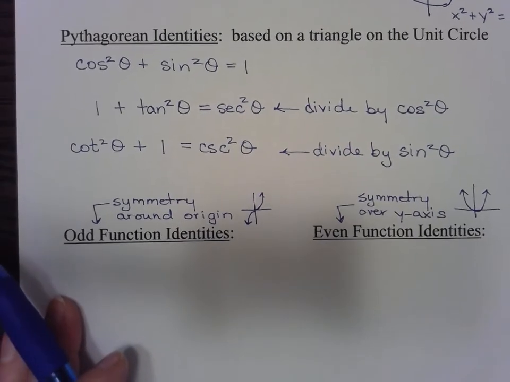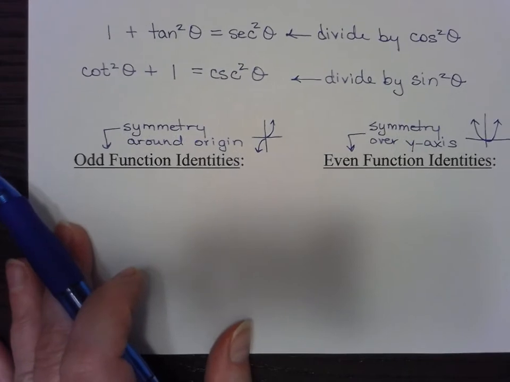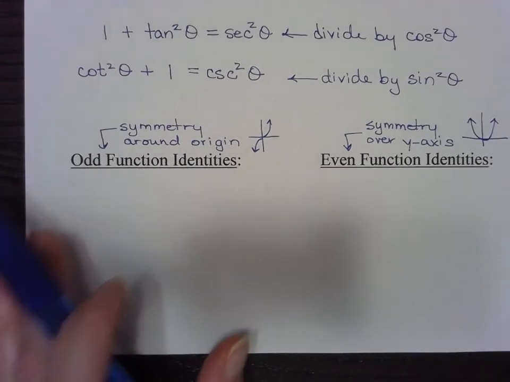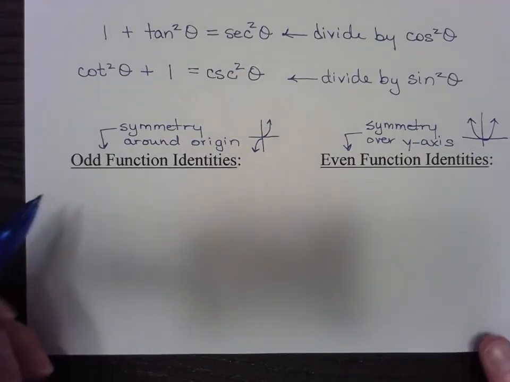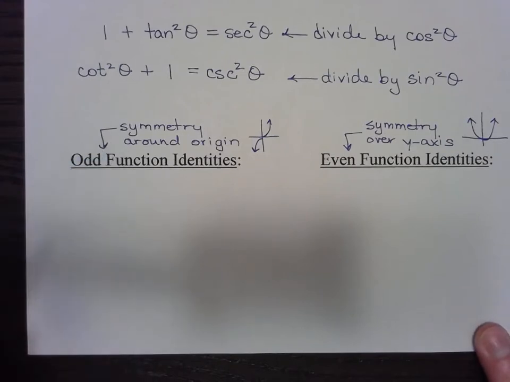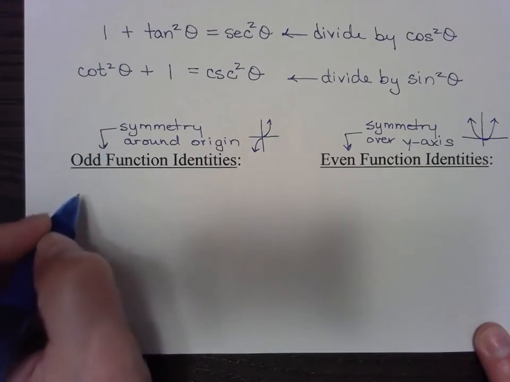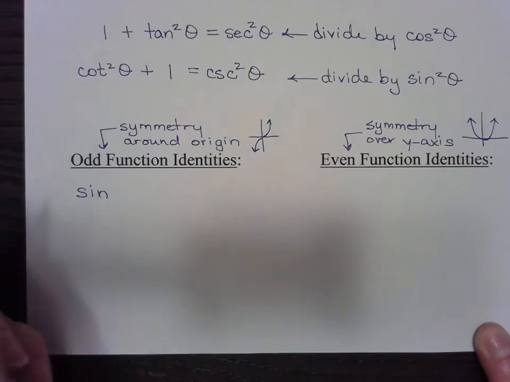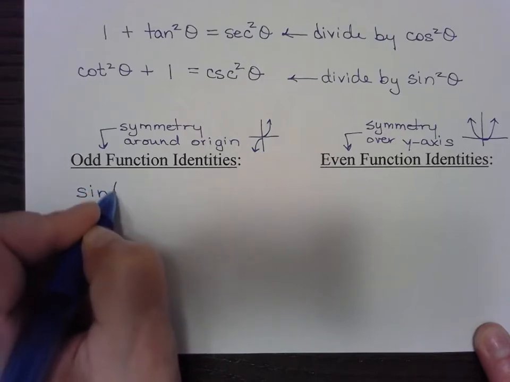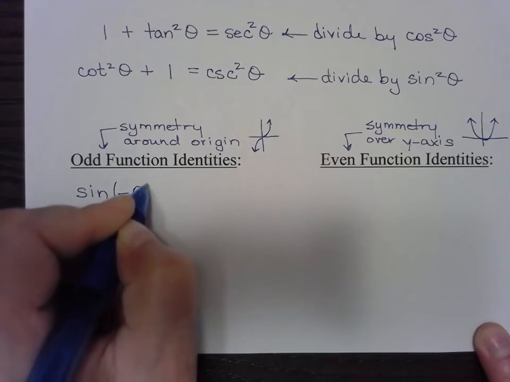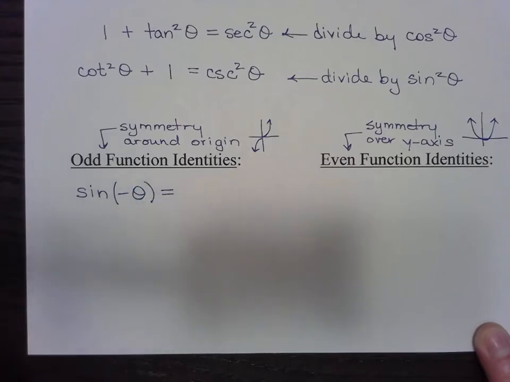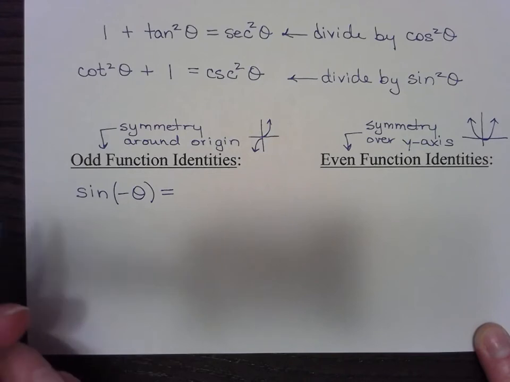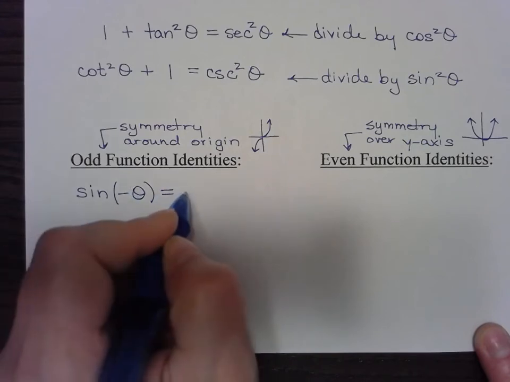Okay, so if you think about the graphs that we've been graphing, the ones that are odd, that have this type of symmetry, are the sine and the tangent. So if I calculated the sine of negative theta, if I change the sign of theta, I'm going to change the value of the sine.